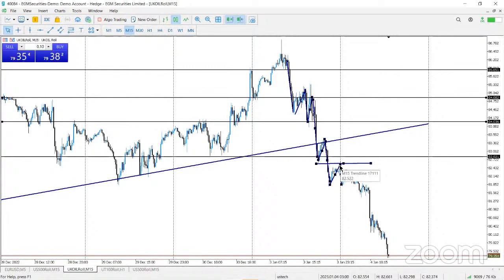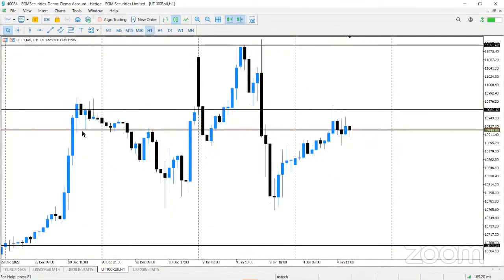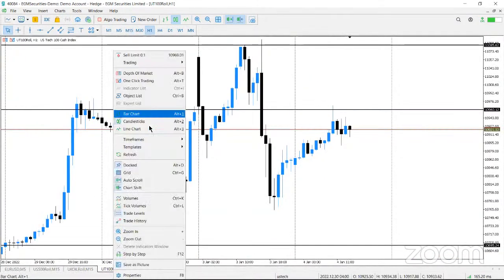Someone is saying we should look at the gold chart. So if you have any charts you'd want us to look at, you can mention them in the comment section, and then we see what you can deduce from them. So let's look at the gold chart. I'll just clear this.